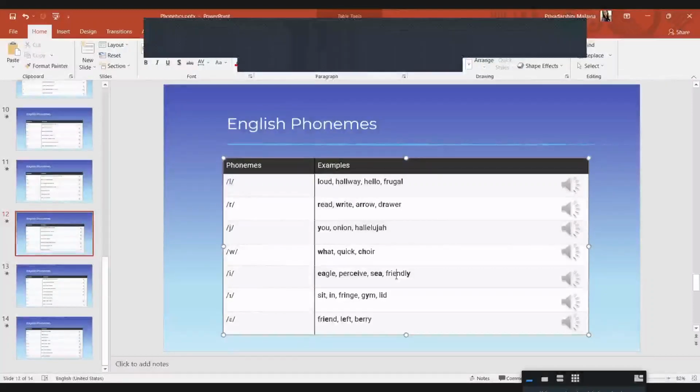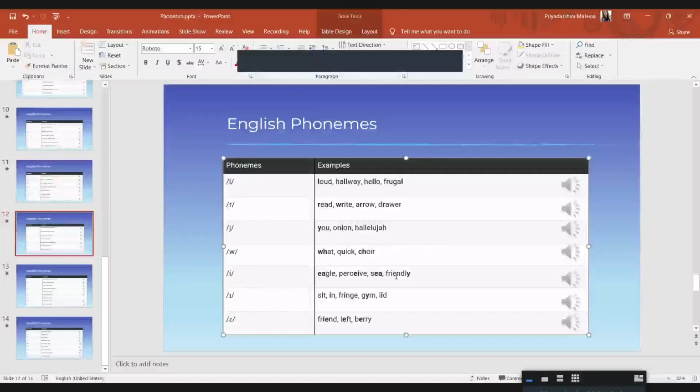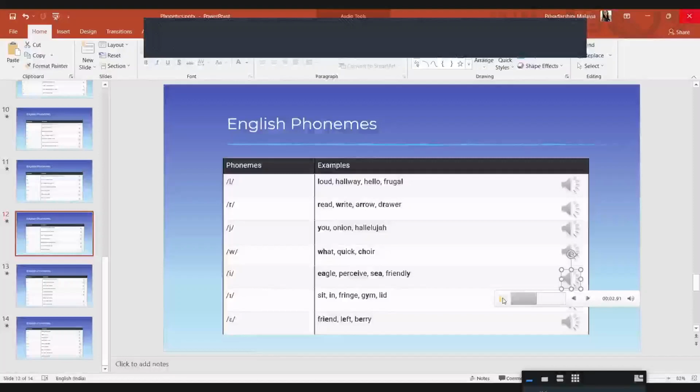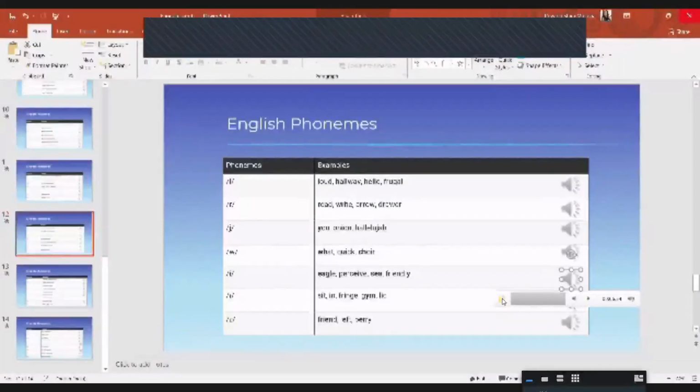This is E. The phoneme used here is a small i, and the pronunciation is E. So eagle, perceive, see, friendly. Let's hear that as well. E, eagle, perceive, see, friendly.